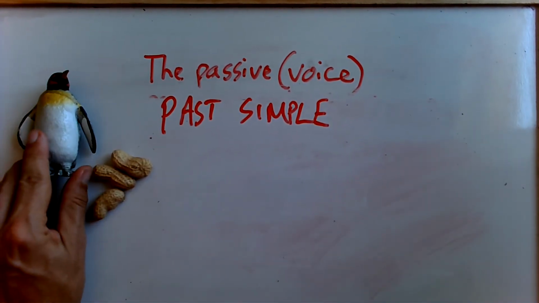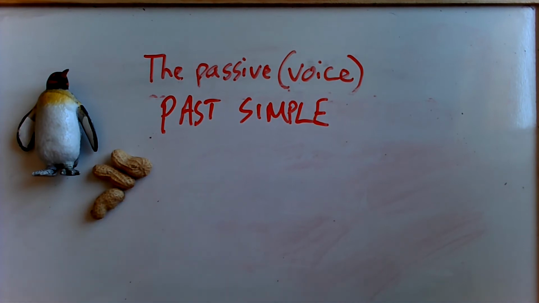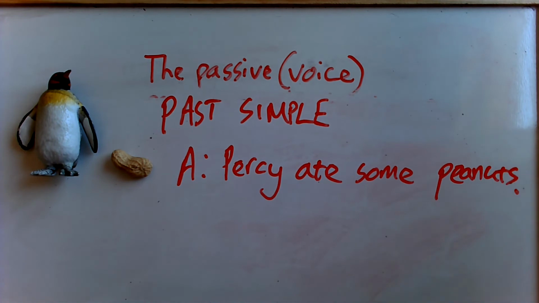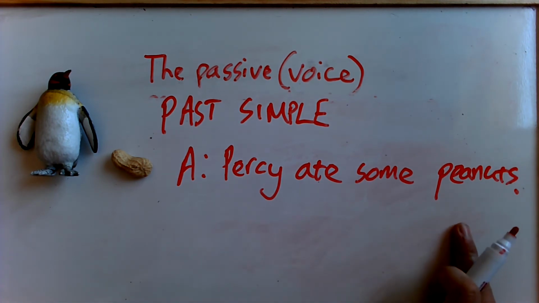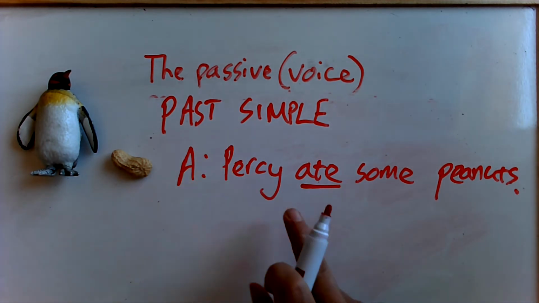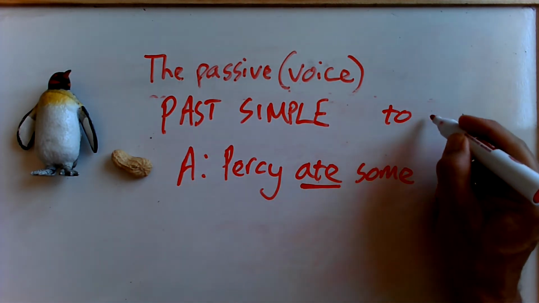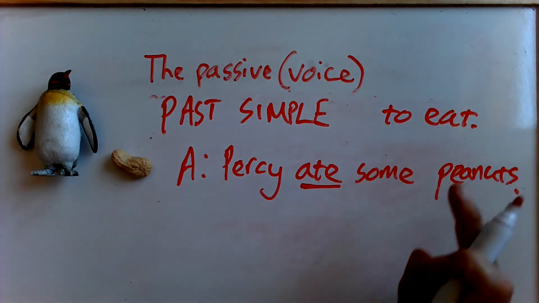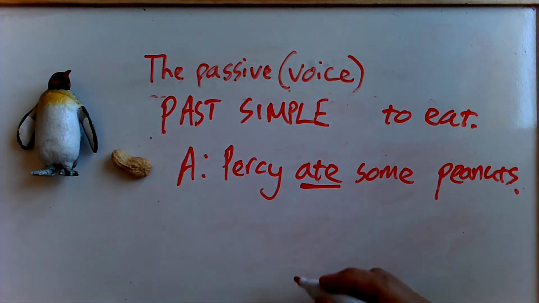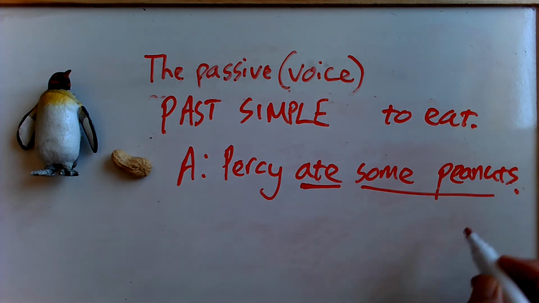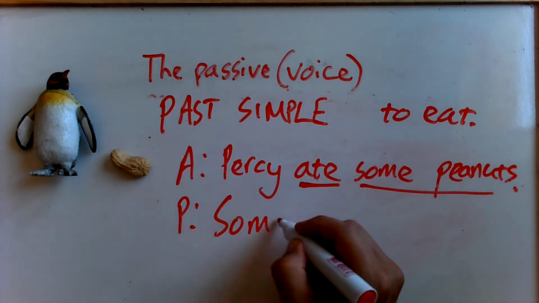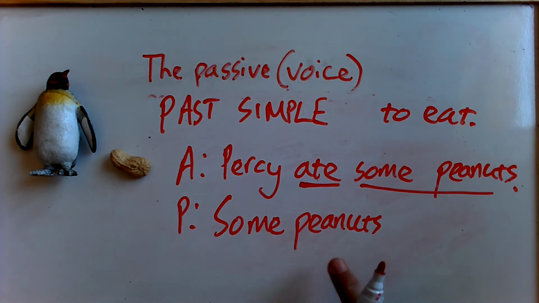Percy was hungry after he had his race, and so he decided to have some peanuts. The active form: Percy ate some peanuts. It's in past simple, and to eat is irregular. Eat, ate, eaten. The original object moves to the beginning of the sentence and becomes the subject.